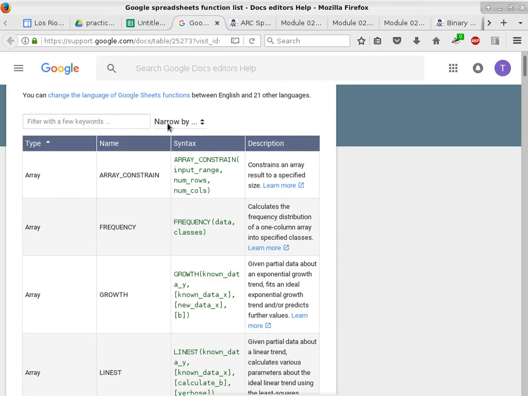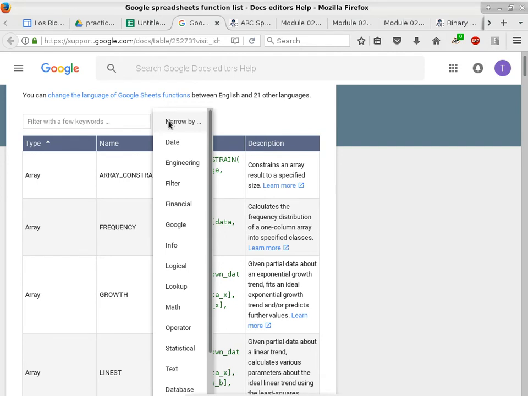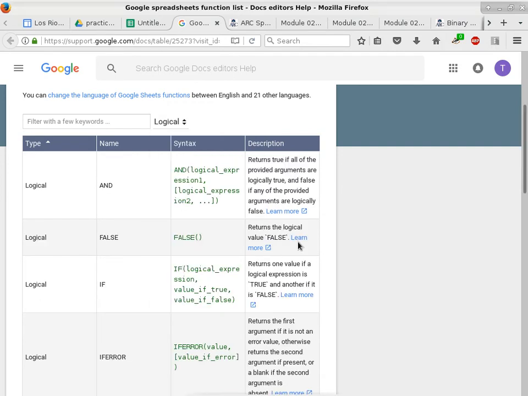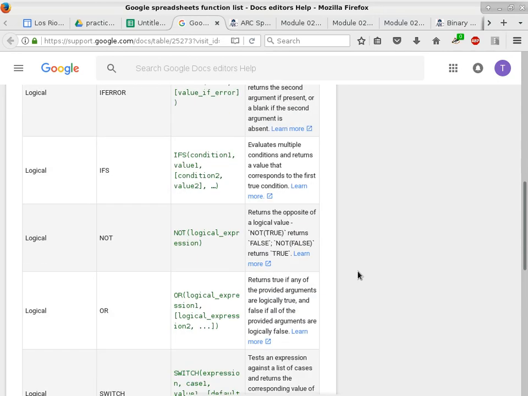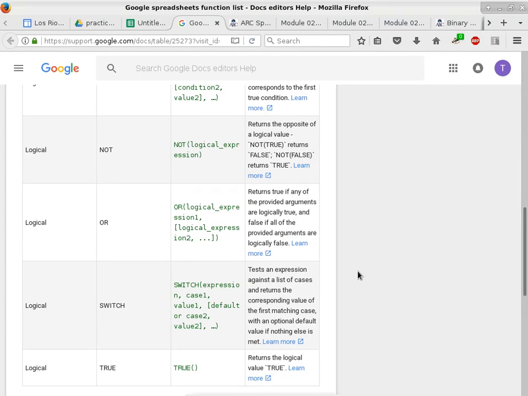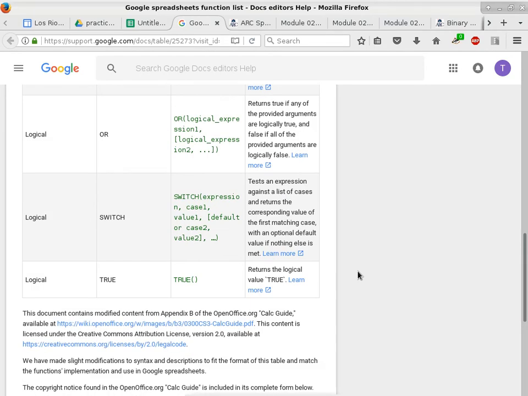Okay, so we want to narrow by, does it have logical? Yes, there we go. So these are the logical functions that we can do. There's AND, FALSE, IFERROR, IFS, NOT, OR, SWITCH, and TRUE. Unfortunately, it doesn't have exclusive OR.